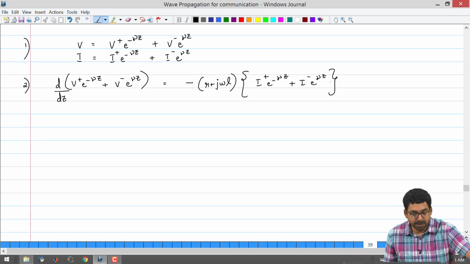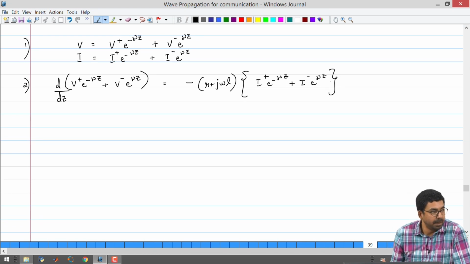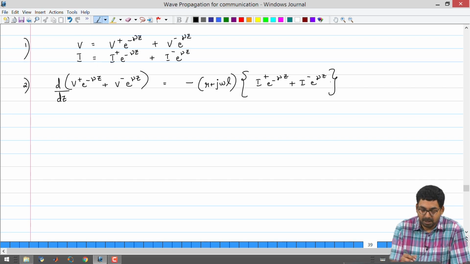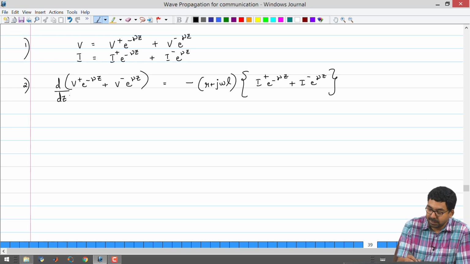These are the general solutions that we have obtained before, and we are substituting back into the first telegrapher's equation. And then one can go ahead, differentiate the left hand side and take the terms on the right hand side.